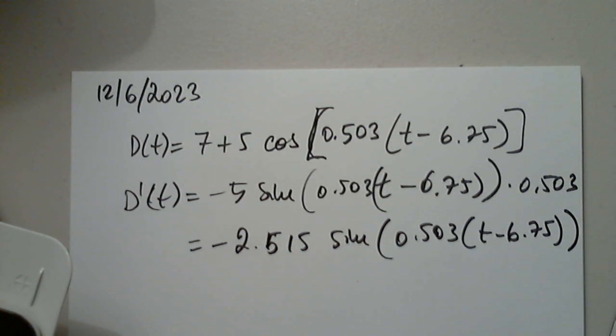So in y equals, I have negative 2.515 sine of 0.503, another parenthesis, x minus 6.75, close, close. And what are the numbers?